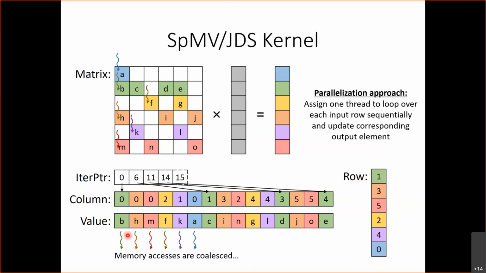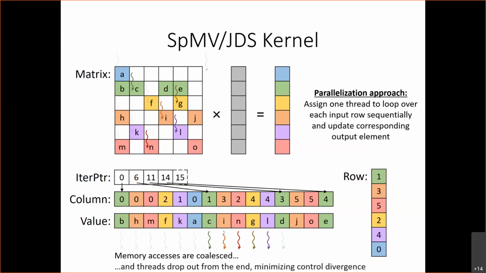Now on the second iteration, what happens? In the second iteration, the threads are going to start from index 6. So they're all going to come here. And all of them are going to load except the threads that are done. So here, this blue thread is done because it has no more non-zeros in its row.